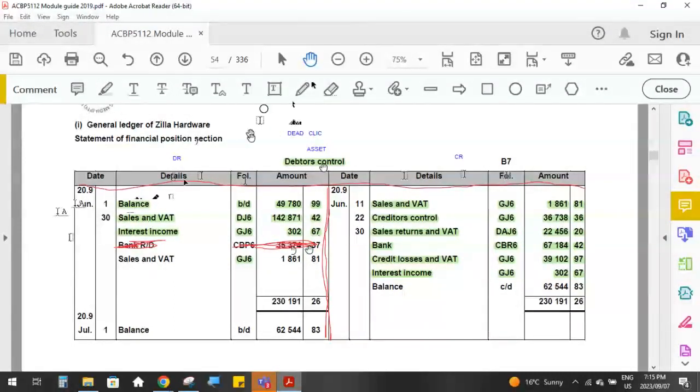And those RD checks, they don't include that in the textbooks anymore. So this debtors control account is really, really important, and you guys must make sure that you understand exactly how it works and which journals are posted to the left-hand side of the debtors control and which journals are posted to the right-hand side. So debtors control will be increased by the debtors journal, which are the new sales that we made for the month, and debtors control will be decreased by any sales returns in the debtors allowance journal and by any payments that our debtors made to us.